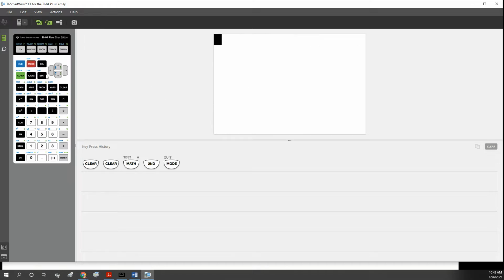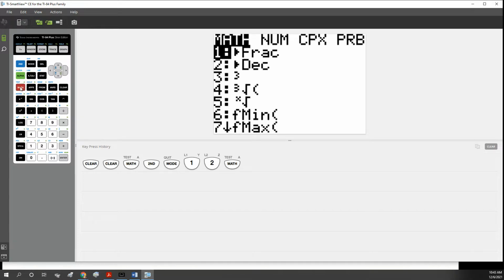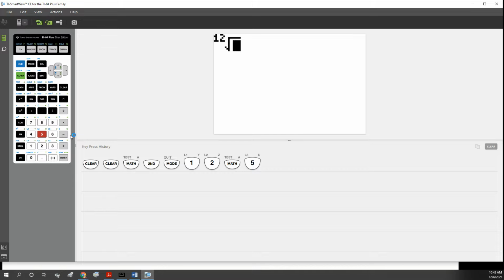Now for the 12th root, if you have an older calculator like these yellow ones, you have to hit 12 first, I think, and then math, and then choose number 5. Now, if you have your own calculator, that's one of the newer ones, like maybe the CE or something, I think you can just go to math, choose 5, and it gives you a little box that you can type the 12 in.